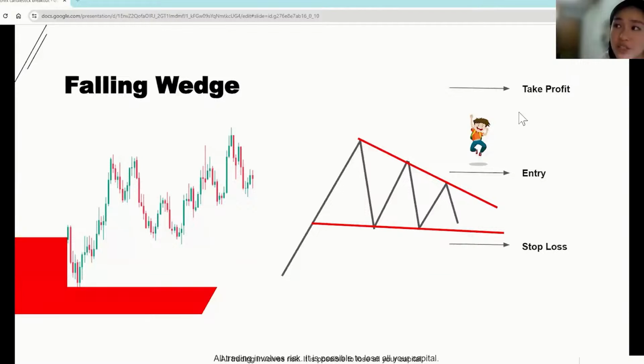So it would be the same thing, just opposite for your ascending triangle. Stop loss would be on the top, entry would be somewhere in between, and then your take profit just above it over here.